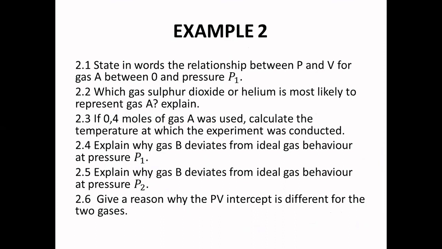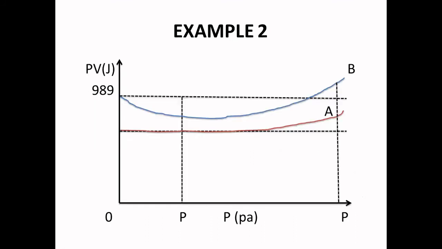Pressure P1 is the first P here. So you can see there we have gas B, which deviates from the ideal gas. Okay, let's write the solutions together.